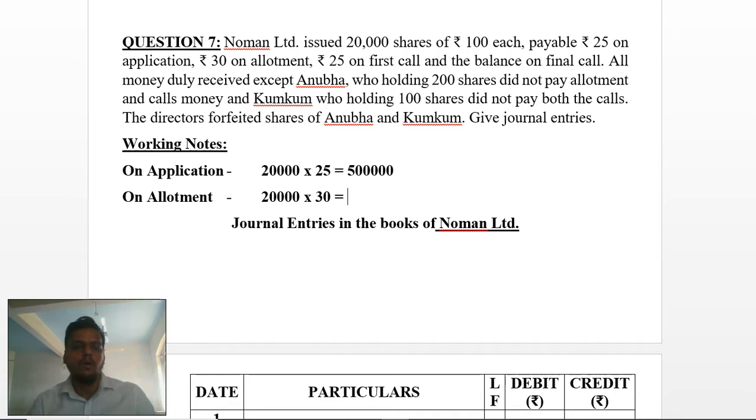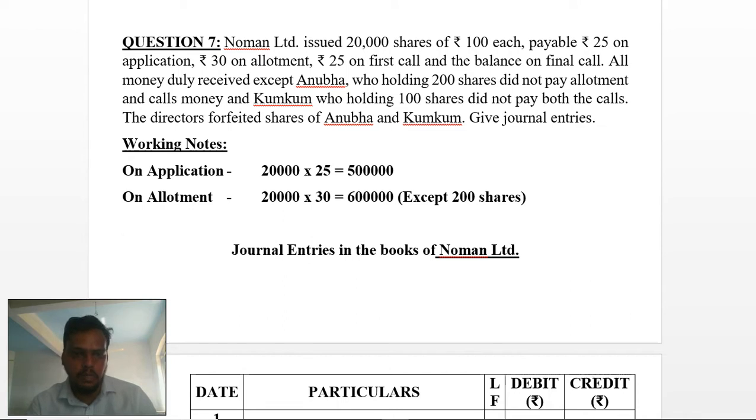Here the amount will be 6 lakh rupees you have to receive. But I will mention here except 200 shares, which has to be excluded. हमको इसको exclude करना बाकी है, तो ये ध्यान में रखना है. 200 शेयर्स के ऊपर 30 रुपीज आपको निकालना बाकी है.